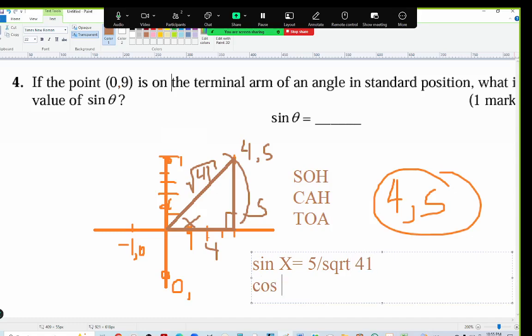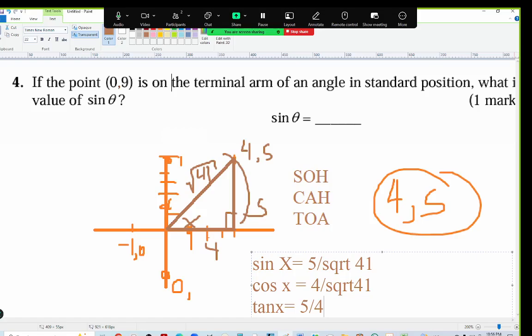What's the cosine? Cosine is 4 over square root of 41. What's the tan? Tan is 5 over 4. You got it. So this obviously isn't a unit circle. It's got weird tangents, weird signs, weird numbers, but they'll ask stuff like this. So you have to form your new triangle and figure it all out.